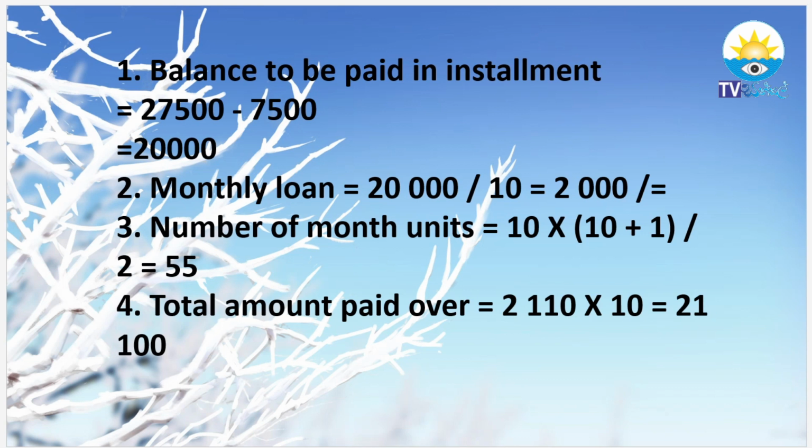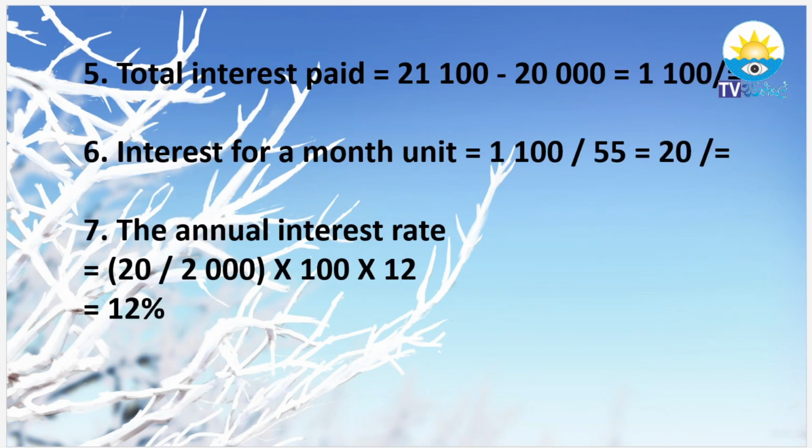And you can find total interest paid by subtracting the loan from the amount, that is 1,100 rupees. In the sixth step, interest for a month unit, you have to divide that total interest by 55. That is the number of month units. You can obtain 20 rupees as the interest for a month unit.